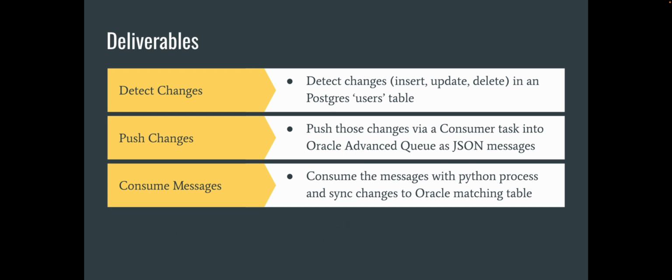If you have not watched the previous video from Oracle to Postgres, I suggest you do so, because this will just be a continuation of that, and we'll still be utilizing the Oracle Advanced Queue as part of this deliverable. And then finally, we'll consume those messages with a Python process and sync changes to the Oracle matching table.